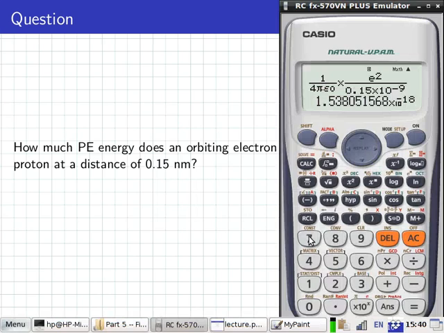Now, that's a tiny energy, so it would be appropriate to use electron volts.